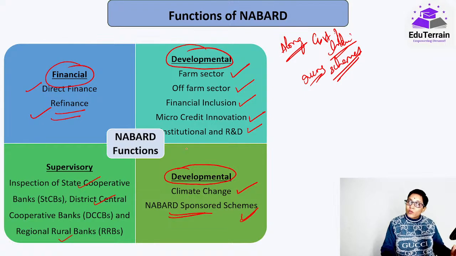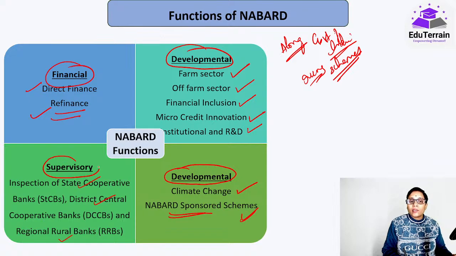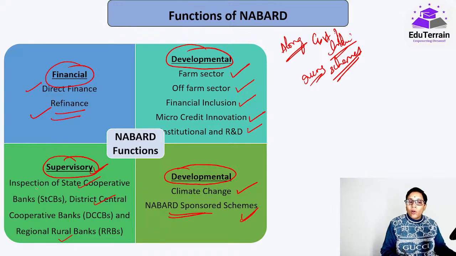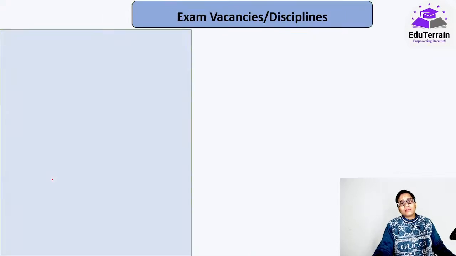Along with it, obviously supervisory activities, inspection, everything. When they are running, when they are refinancing, they should understand how the fund is going, how they are able to distribute, how they are able to function. All that comes under the supervisory function. They will be looking into the functions of all those banks or the institutions that are under its purview. Okay, these are the various functions of NABARD.